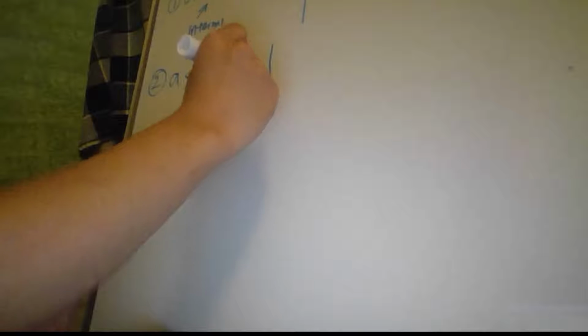There's another one that says A is less than X is less than or equal to B. When it's a less than, you do parentheses A, comma B, and then bracket, right?